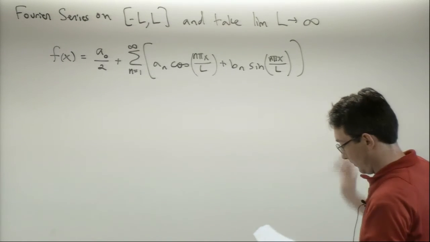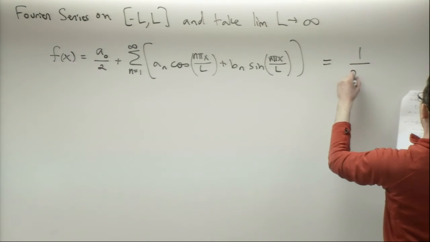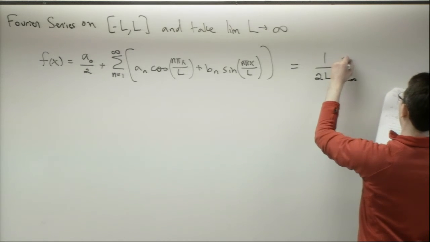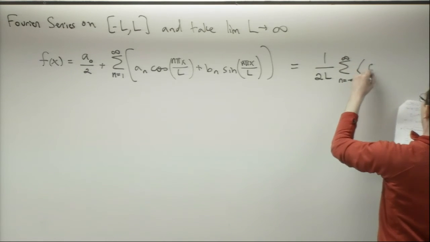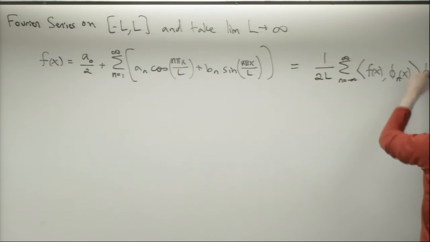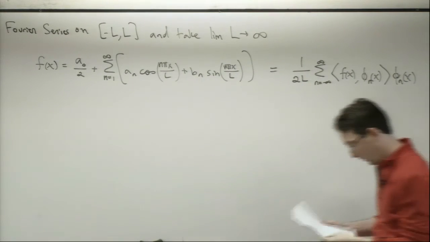Just inner product. I could write this as 1 over 2L sum from minus infinity to infinity of f of x inner product with phi n of x in the phi n of x direction. Totally fine, that's the change of coordinates.